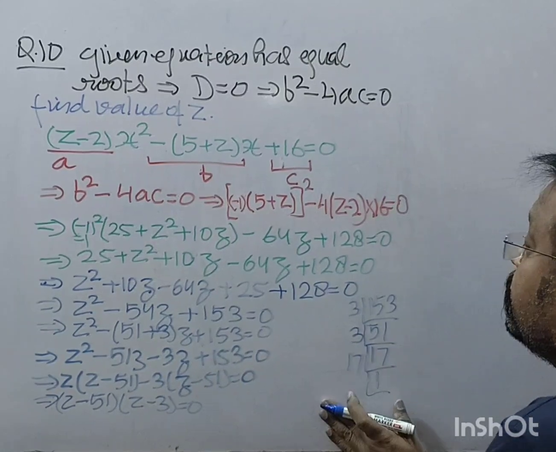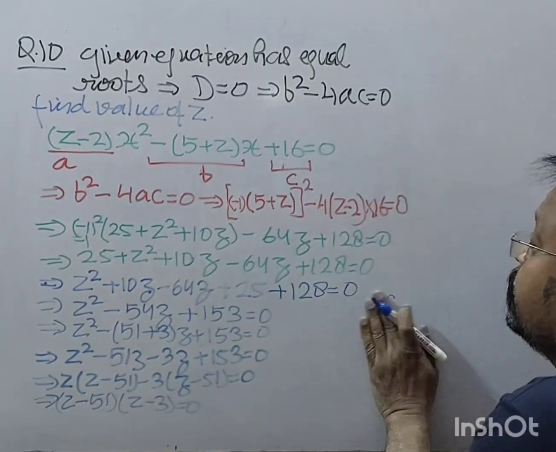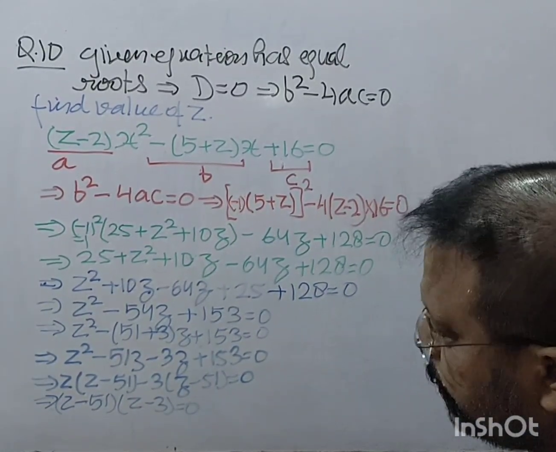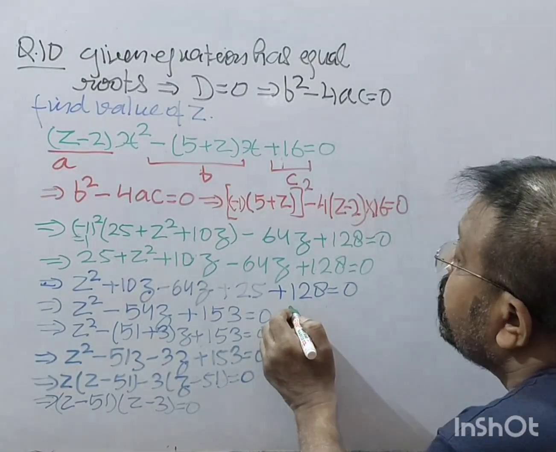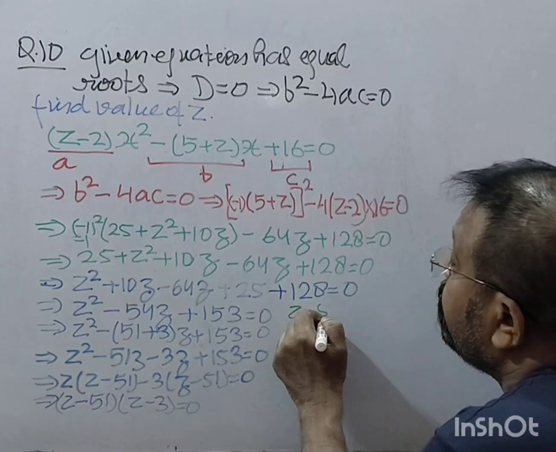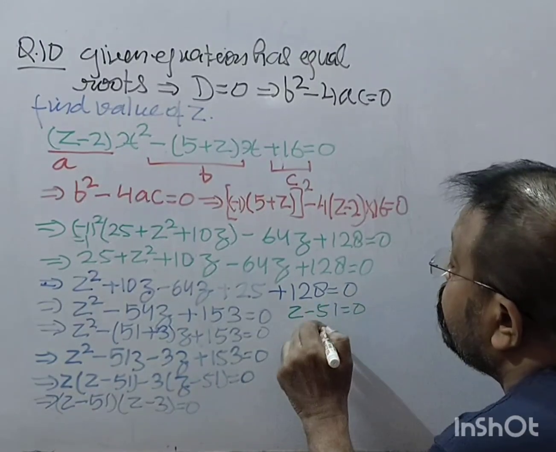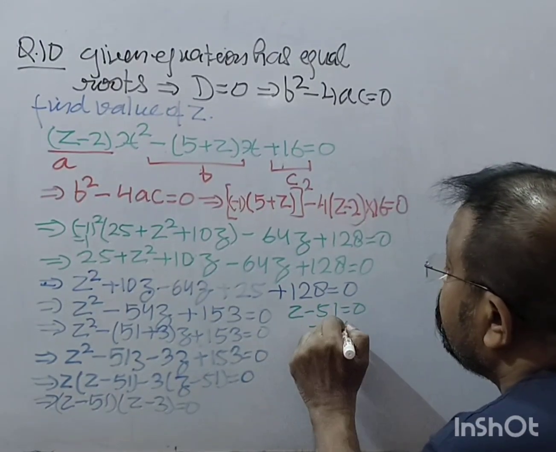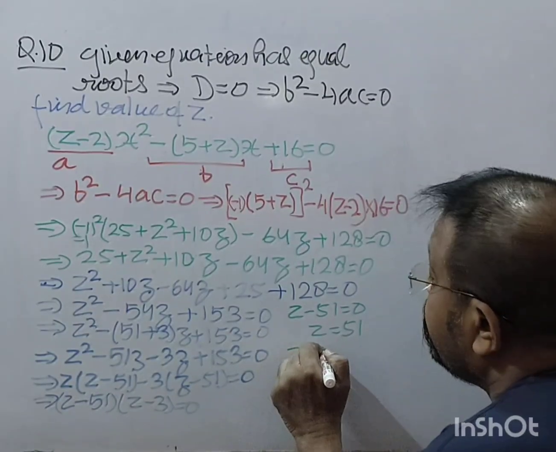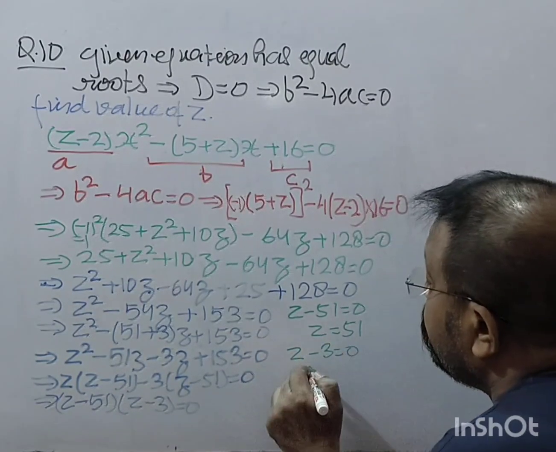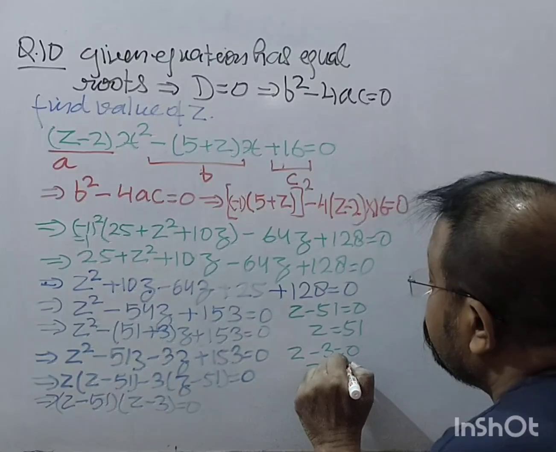After that, if z minus 51 is equal to 0, so z is equal to 51, and if z minus 3 is equal to 0, so z is equal to 3.